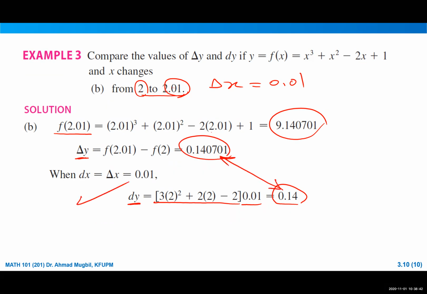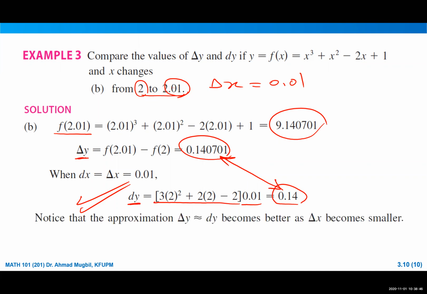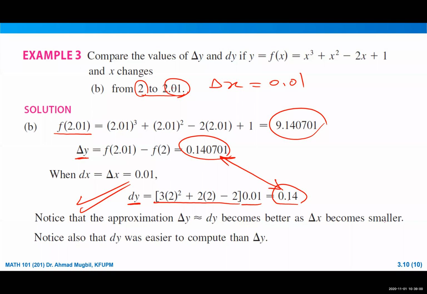But the good news is that this is easier to calculate. And notice that the approximation delta y approximately dy becomes better as dx becomes smaller. Now here the accuracy is to 2 digits, while before it was only 1 digit. And also notice that dy was easier to compute than delta y.